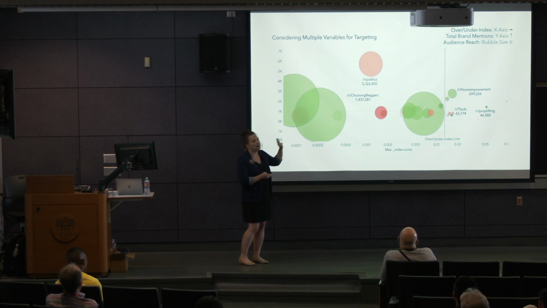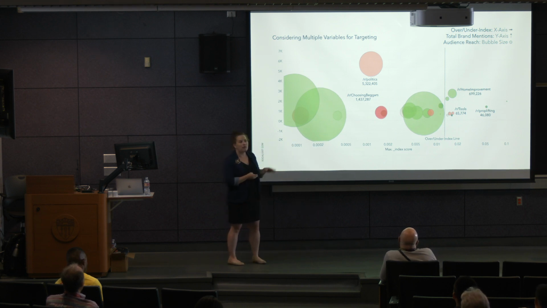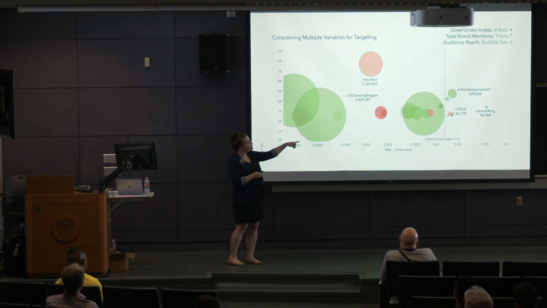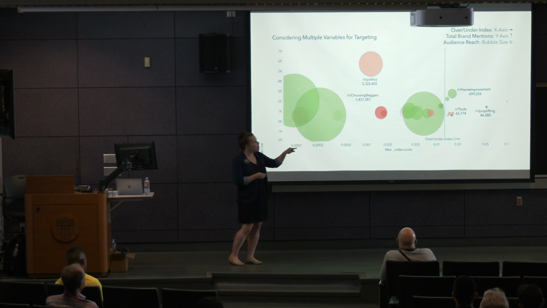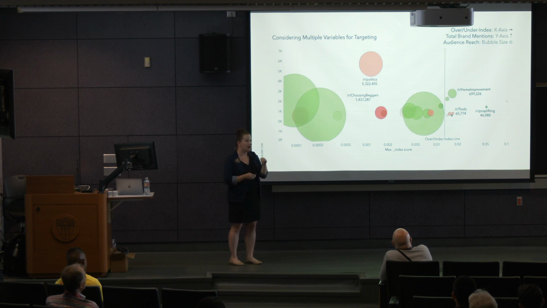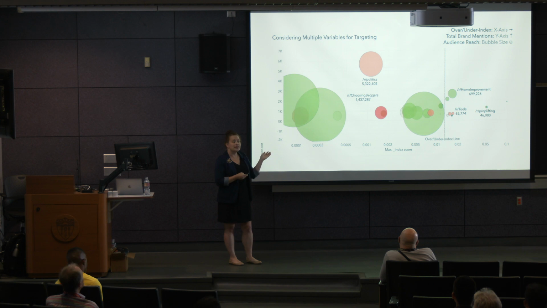So again, just another way of knowing that's probably not where we want to advertise. But if we look far to the right, we can see the home improvement one, prop lifting. These all have pretty targeted audiences that have positive things to say about Home Depot. So it could be an interesting place for, one, them to learn, and two, to advertise.